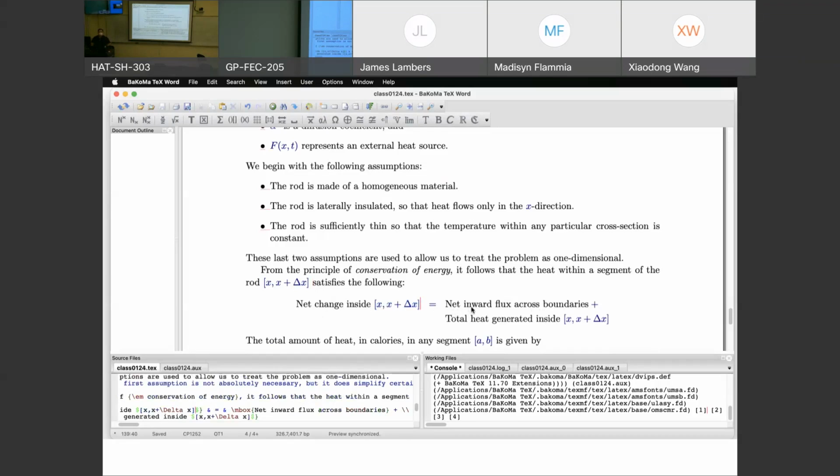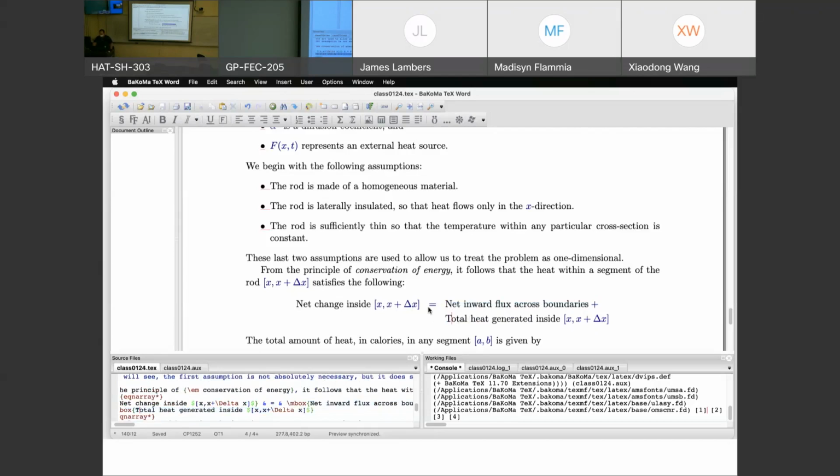What's causing change in heat energy within the segment? Well, heat energy entering the segment. So that's what this first term is for. And then, if there's any heat generated inside a segment, for instance, by an external source, then you have to account for that too. So whatever causes the amount of heat to change in any way is what you have on the right side. Now you could have heat entering or leaving.